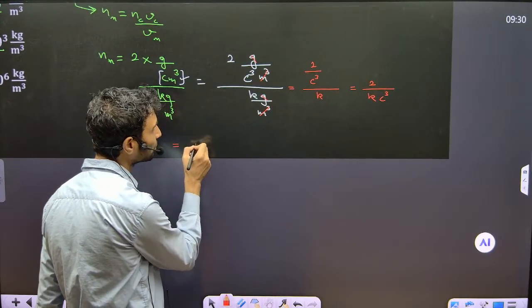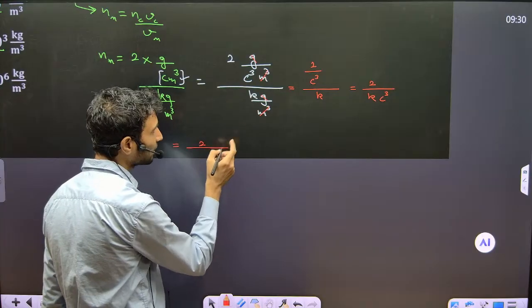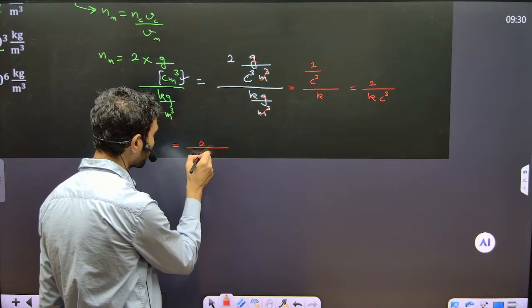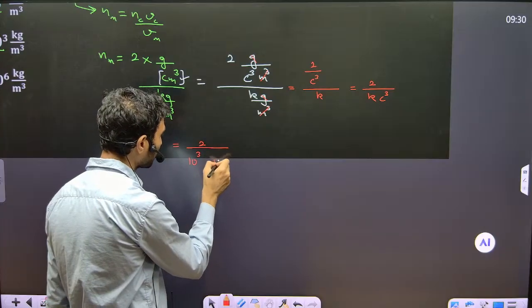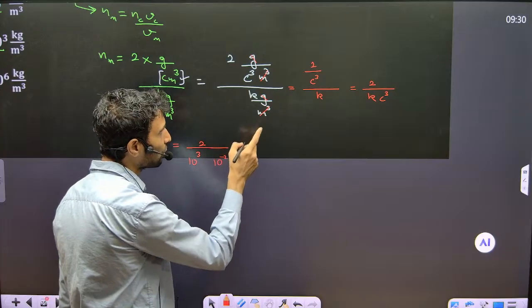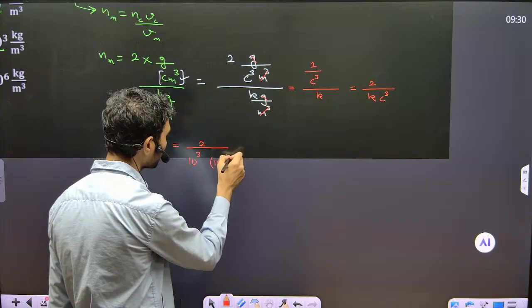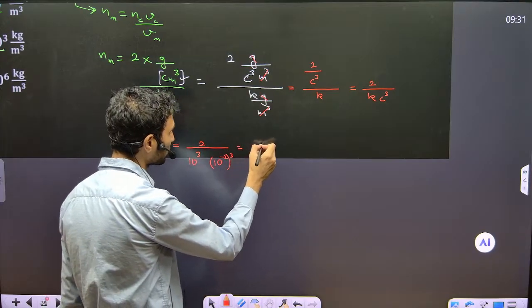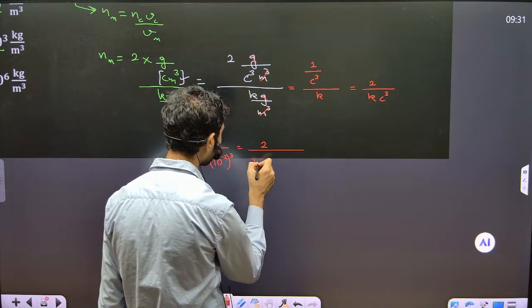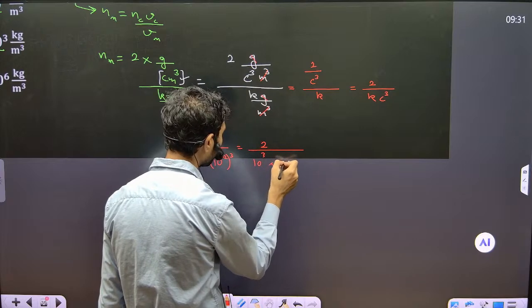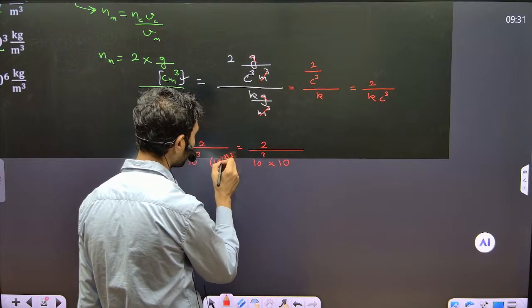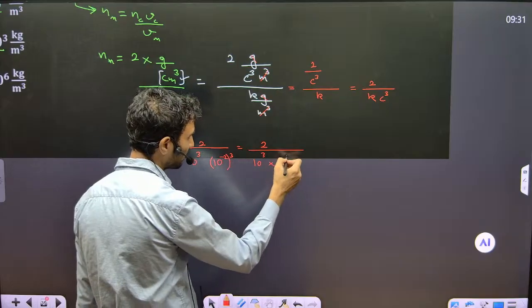Which is equal to 2 divided by k means what? 10 to the power 3. C means what? 10 raised to the power minus 2, whole to the power 3. So that's 2 divided by 10 to the power 3 into 10 to the power minus 2 into 3, which will become minus 6.